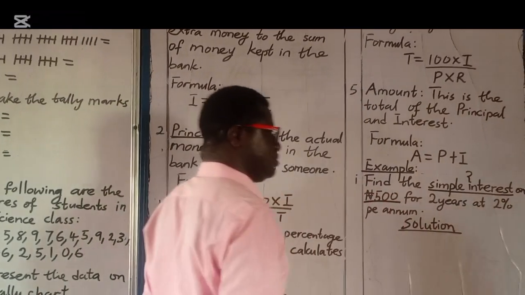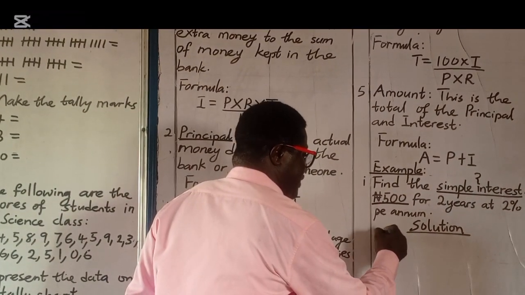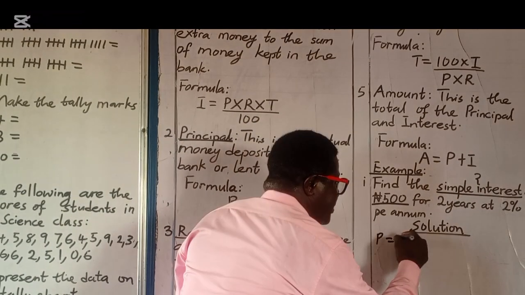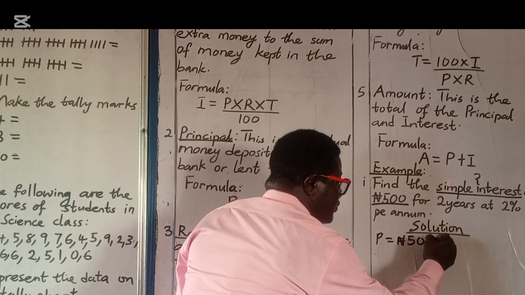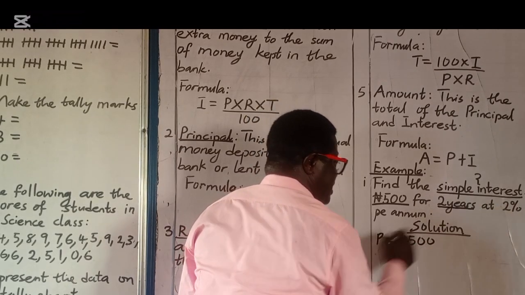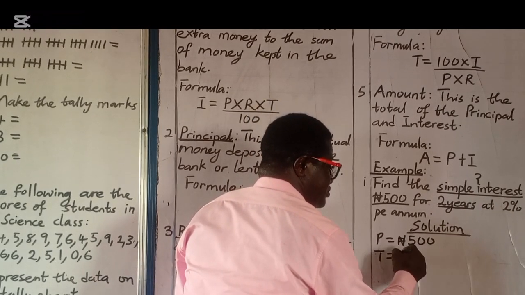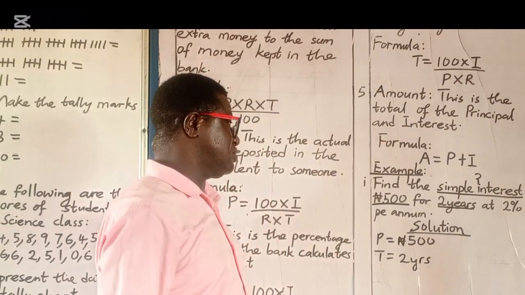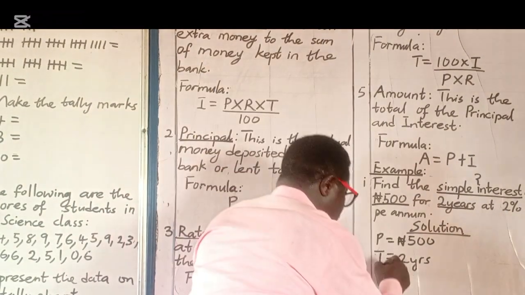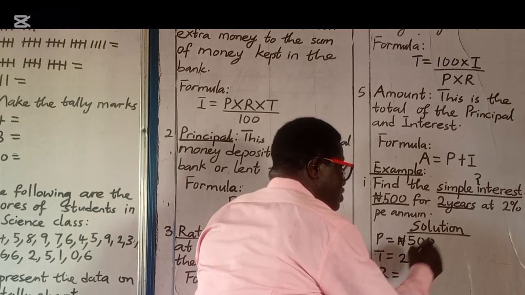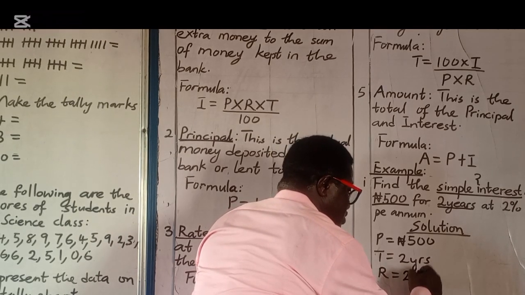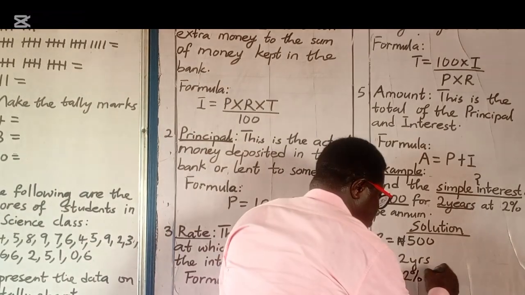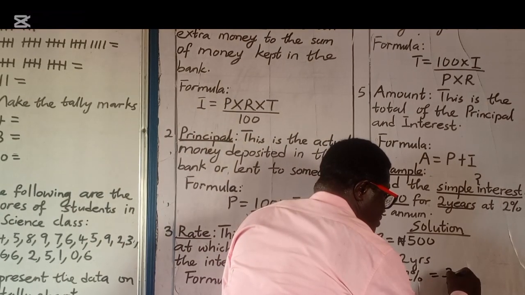So here your principal will be 500 naira. 2 years will be your time, the number of years you want the money to be in the bank. At 2%, so your rate is 2%. 2% means 2 over 100. Hope you know that.